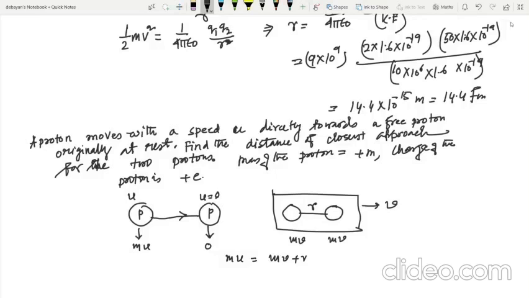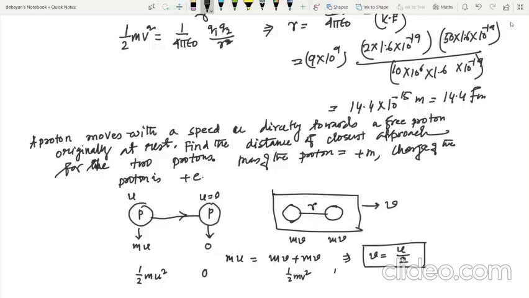Now for kinetic energy: initially it is half mu square, and the other particle has 0. Finally they move with half mv square each.